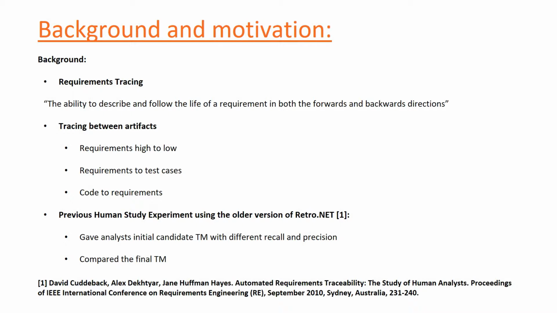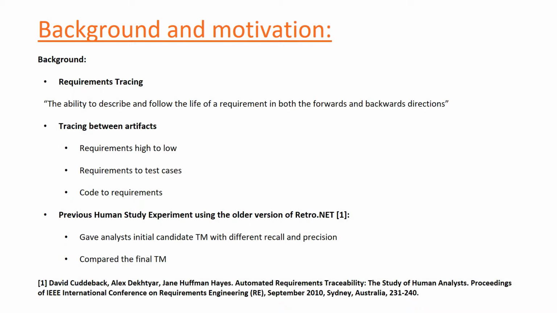Another piece of background I wanted to mention is that a similar study was done in 2010 in a paper by David Cuddeback, Alex Dekhtyar, and Dr. Jane Hayes, where they also used the old version of Retro.net.